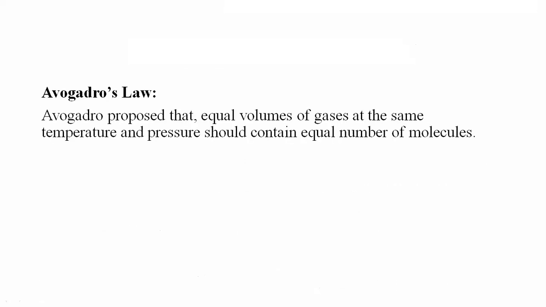Note that, as I showed in the example, 1 volume of hydrogen, 1 volume of oxygen, and 1 volume of water have the same number of molecules. So equal volumes of any gases will contain an equal number of molecules. This was proposed by Avogadro.